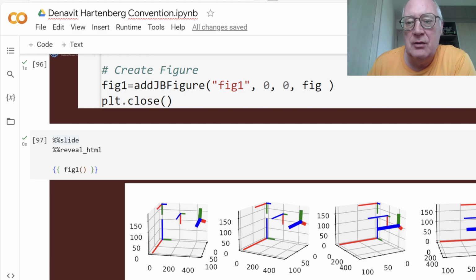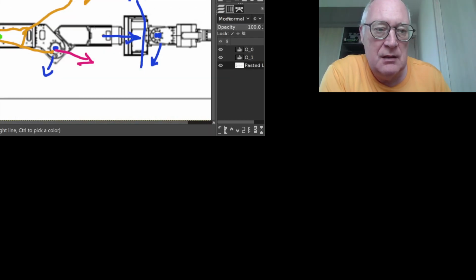Joint 4 now is the same problem. The origin of joint 4 now, the same procedure, not the same problem.